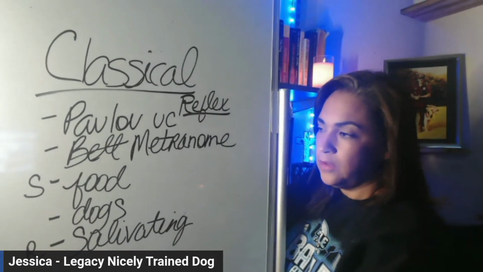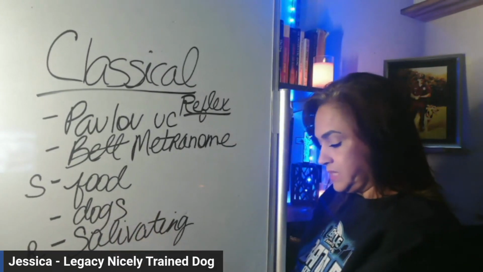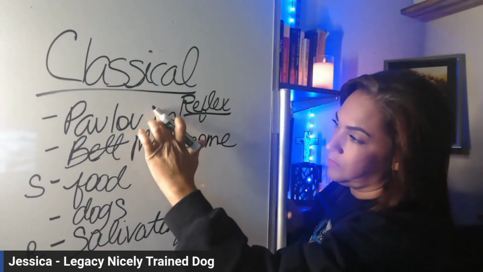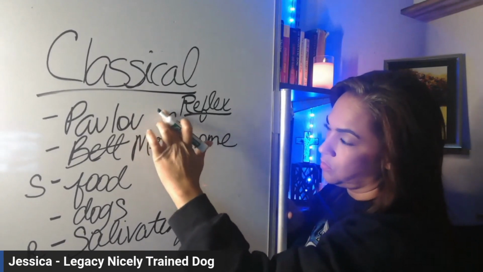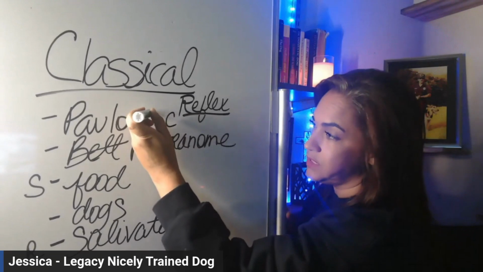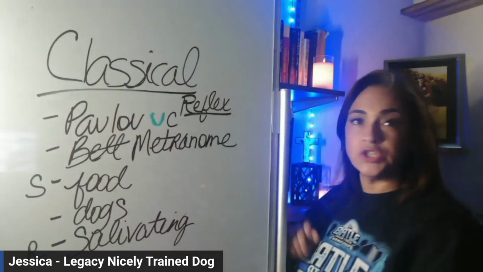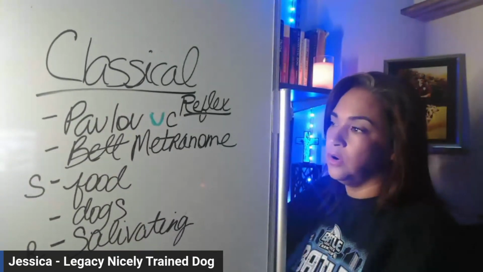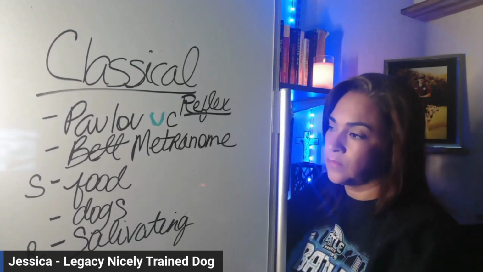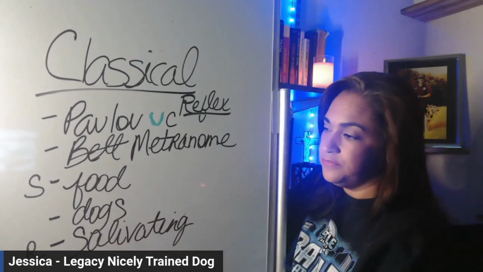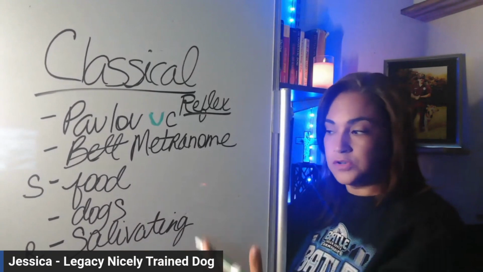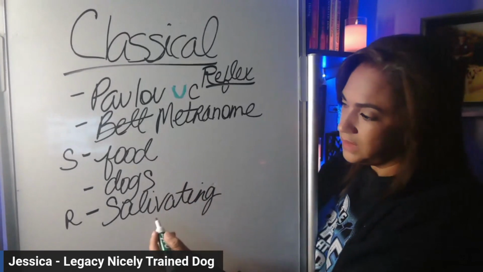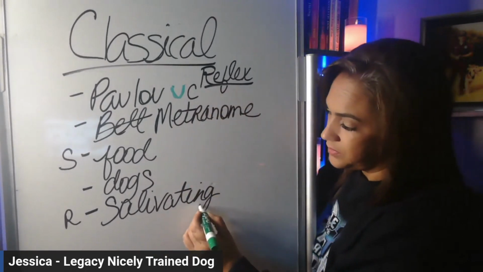So we already have in place the metronome, which is an unconditioned stimulus, or a neutral stimulus, which is just stimulus without any prior learning. We have a stimulus of food, which the dogs know led to the reflex of them salivating.